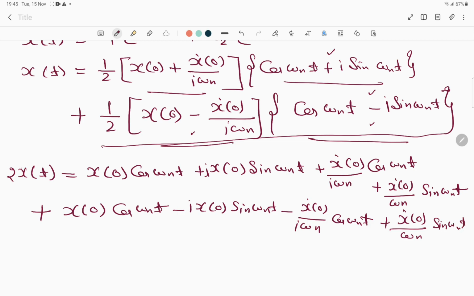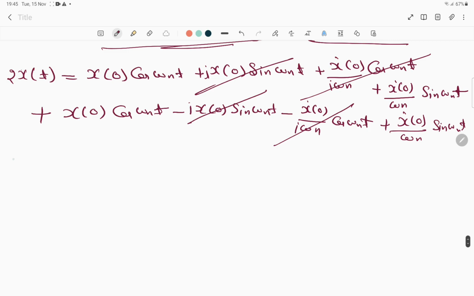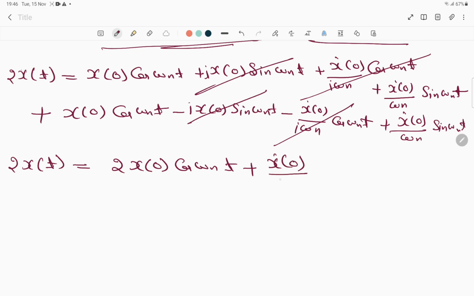So now what you see over here is that this and this will cancel out, and simultaneously this and this will cancel out, so I am left with four terms over here. 2x(t) is nothing but 2 of x naught cos omega nt, and this one over here is x dot divided by omega n into sine omega nt, again twice of that.